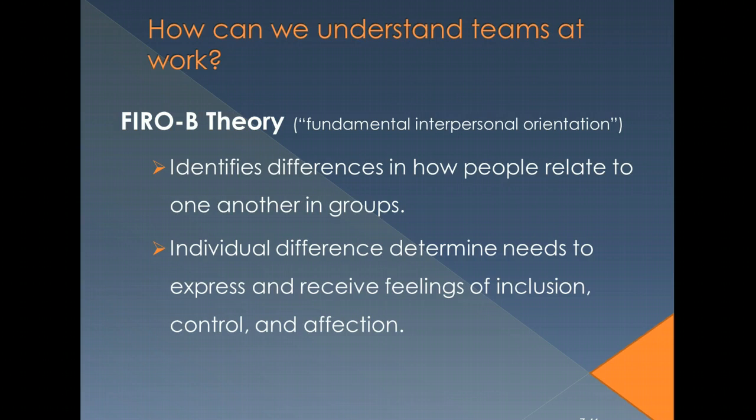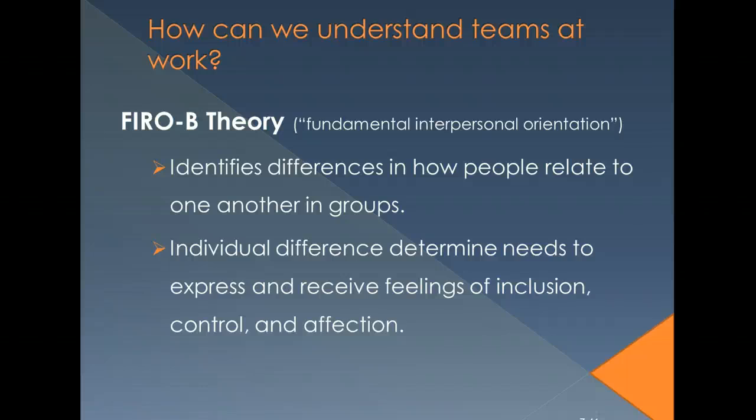I call this the FIRO-B theory, which stands for the Fundamental Interpersonal Relations Orientation. It identifies differences in how people relate to one another in groups based on the need to express and receive feelings of inclusion, control, and affection. This was developed by William Schutz.